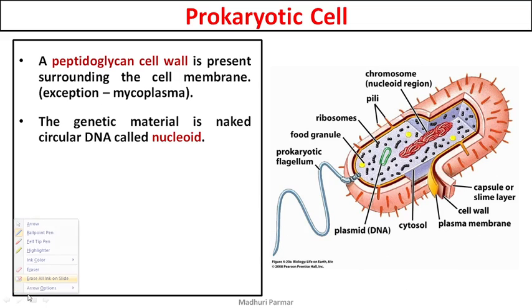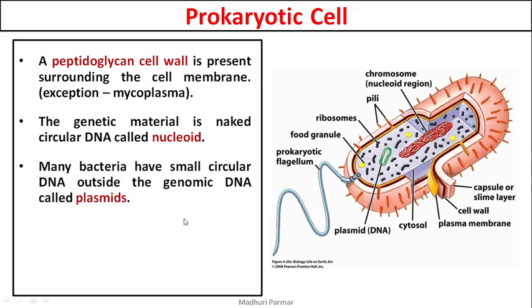The DNA here is circular, and the region where you find DNA is called nucleoid. This nucleoid is actually attached at some place on the cell wall, just so that it does not keep moving around.